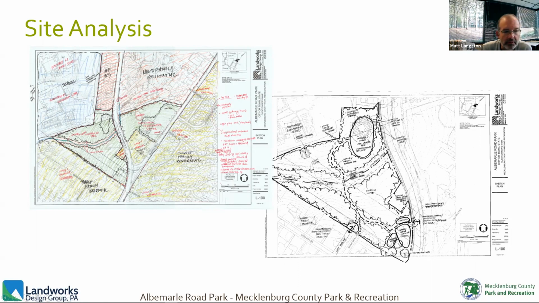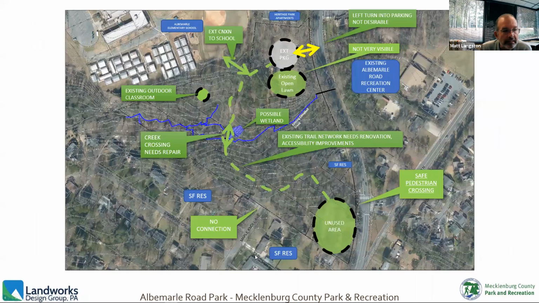And this is just some of the rough draft sketchy work that we do at the beginning of the process. We're identifying land uses and constraints and opportunities, and then walking through the site, looking at, like I mentioned, that connection over at the signalized intersection and other things that will factor ultimately into the design of the site.